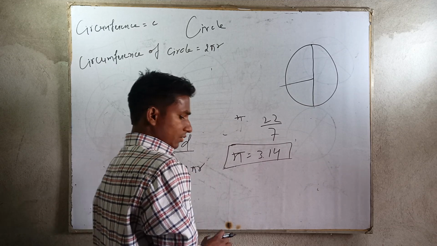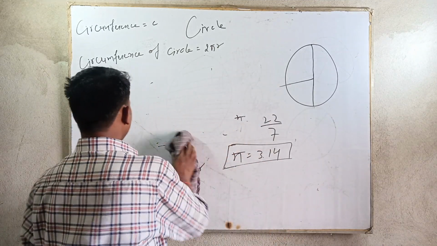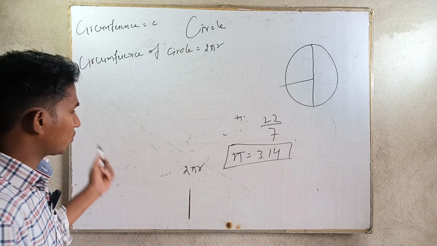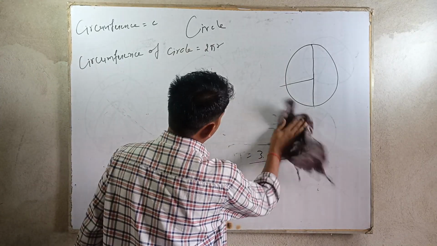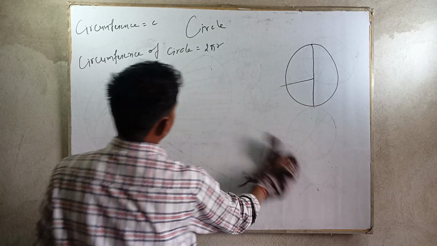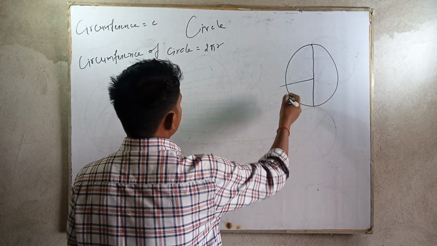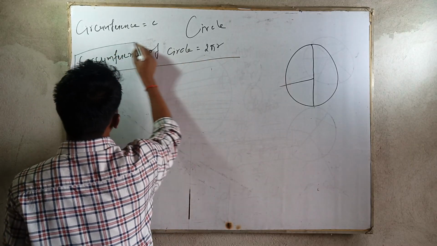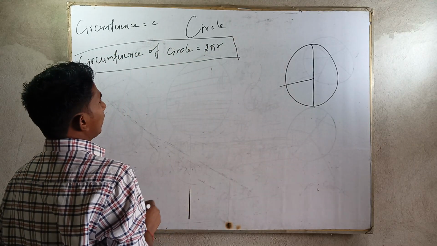I am showing everyone how this formula is derived so you can understand all these things. You have to memorize this: the circumference of a circle is equal to 2 pi r.